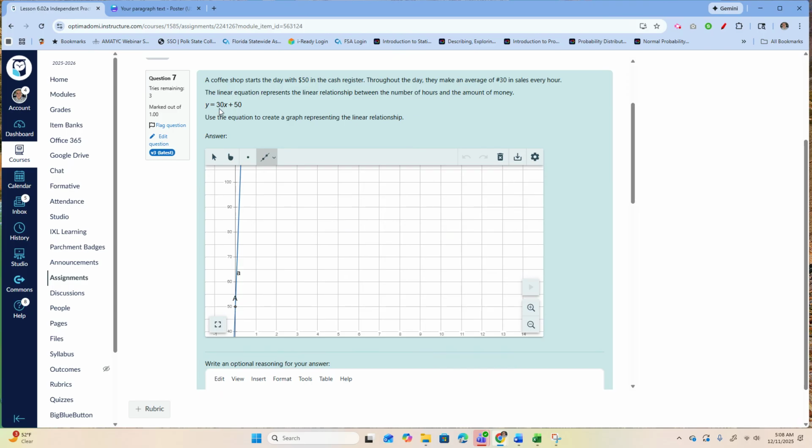Now to draw a line, you need 2 points. That's when you use the slope, the m. Now here, the slope is 30. But what that means is that when we write it as a fraction, it will be 30 over 1. So that means I'm going to go 30 up. Now careful here, because you started on 50. If you started on 50 and you are going up 30 more, it means we're going to be on 80. Or put it this way.